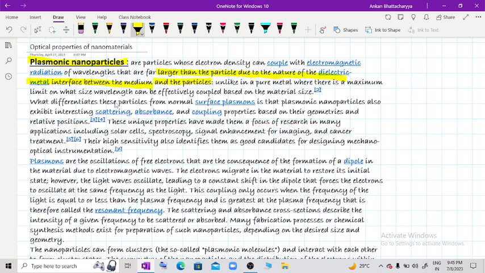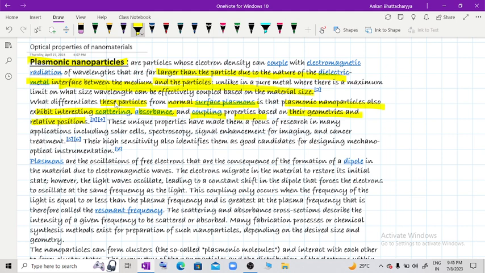Unlike a pure metal, where there is a maximum limit on what wavelength can effectively couple based on material size, plasmonic nanoparticles also exhibit interesting scattering, absorbance and coupling properties based on their geometry and relative positions. As I have already told you, this makes them different from ordinary metallic surface particles.